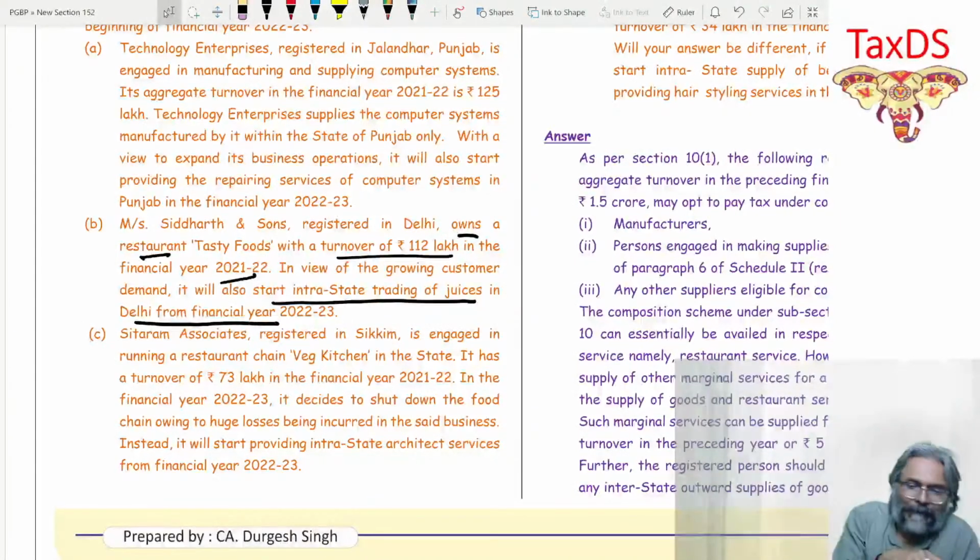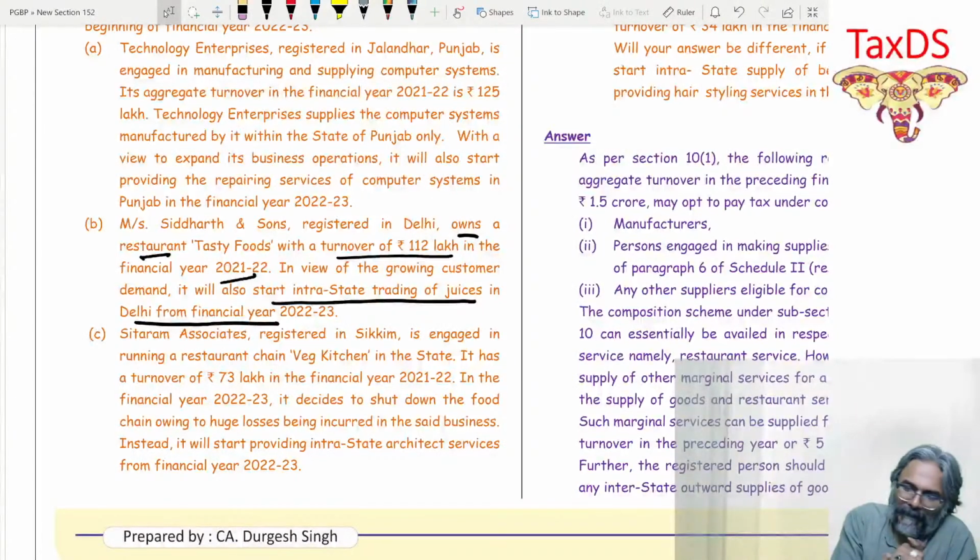So Sitaram Associate, registered in Sikkim, is engaged in running a restaurant chain, Veg Kitchen, in the state. So what they are engaged in? Restaurant service. It has a turnover of 73 lakhs in the financial year 21-22. Okay.